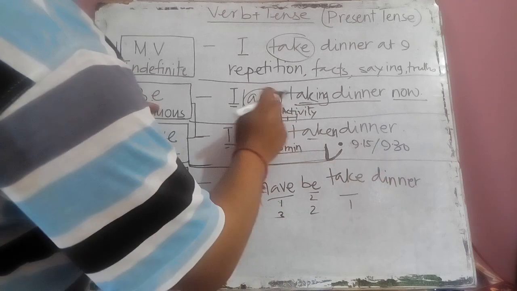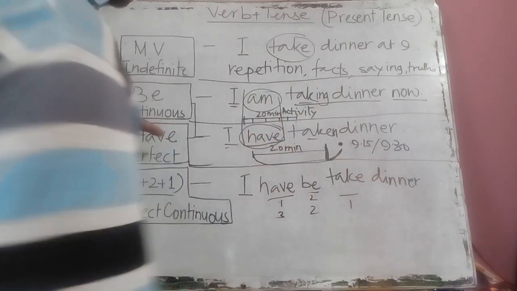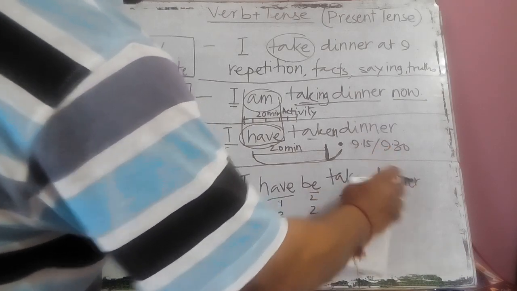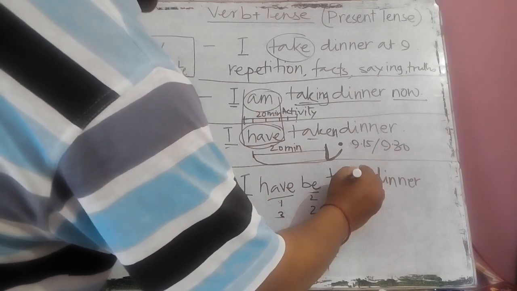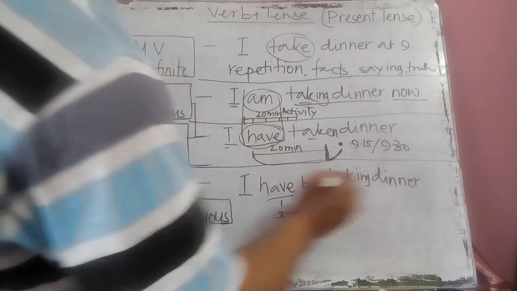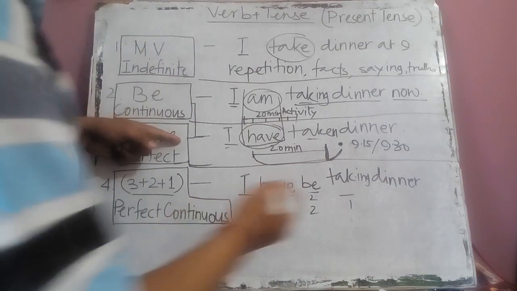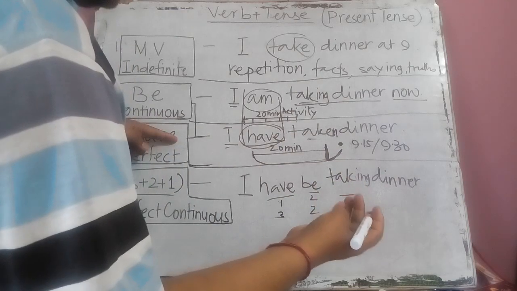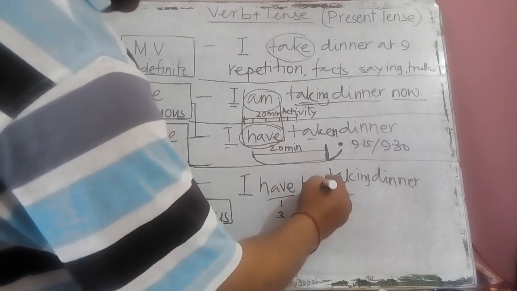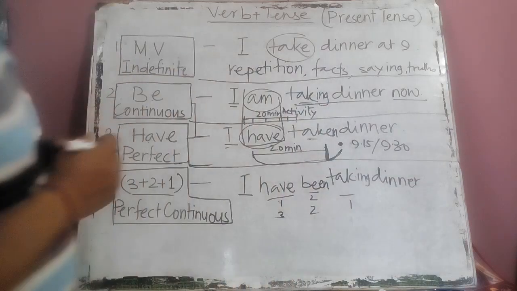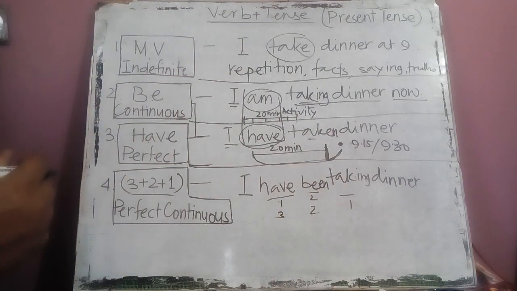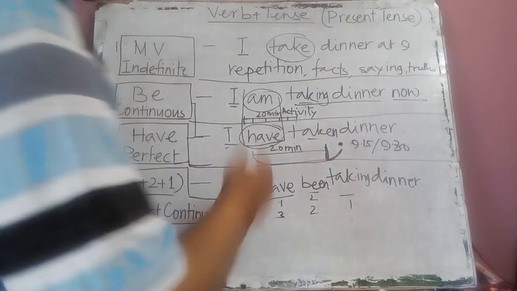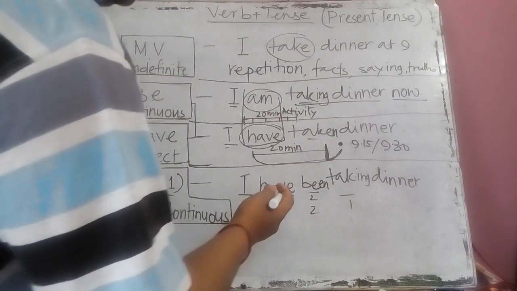With be, the change comes in the form of ing, so we write here ing. After be, have. In the case of have, the change comes in the form of ed, d, t, en, ne. So here comes en. So this is the form, but at the same time we must use the time.